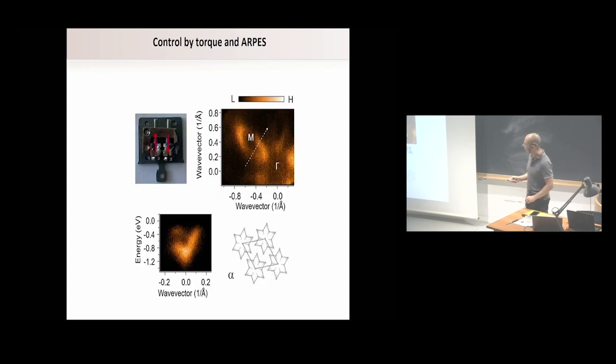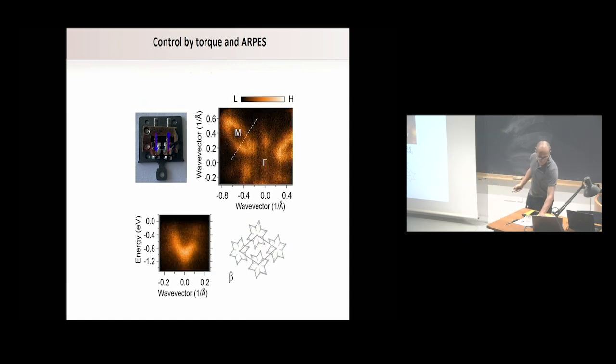We tried with photoemission, and we did see clearly a chirality signature for the alpha state if we give a clockwise torque. And if we reverse the torque, we reverse the chirality signature. So it does work.